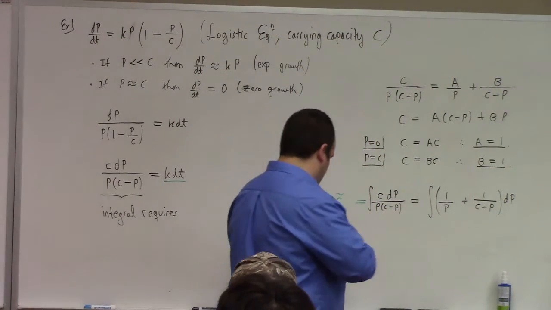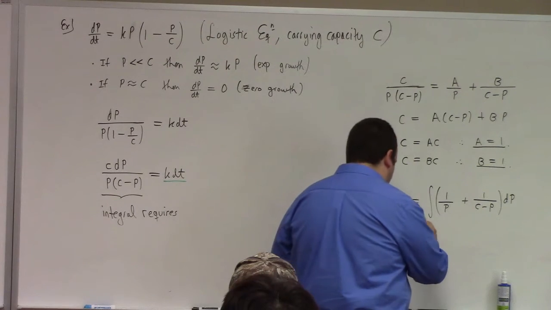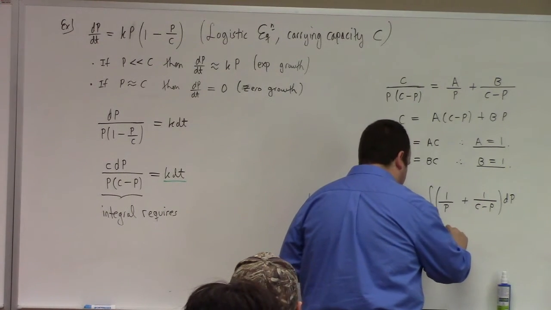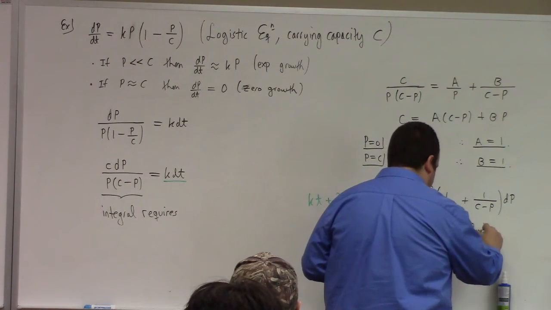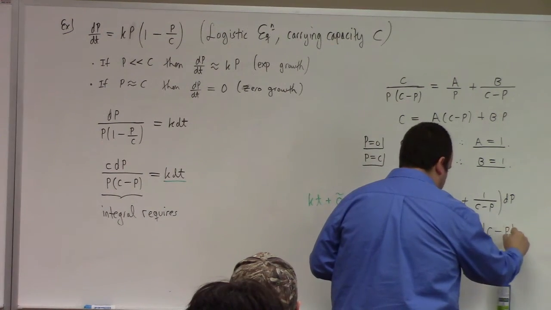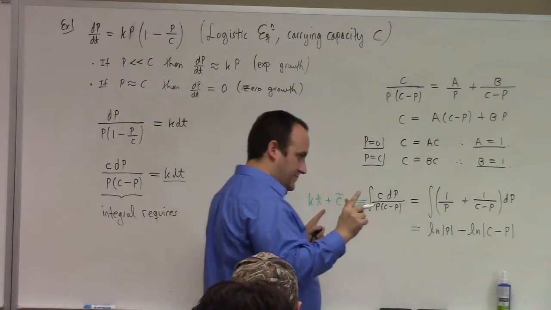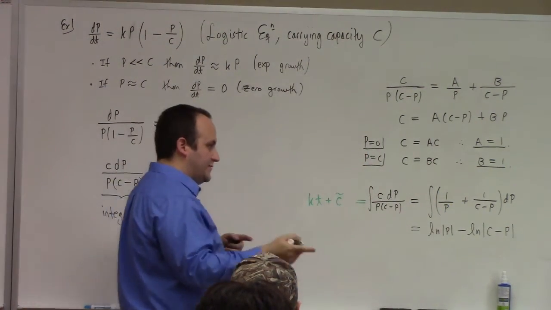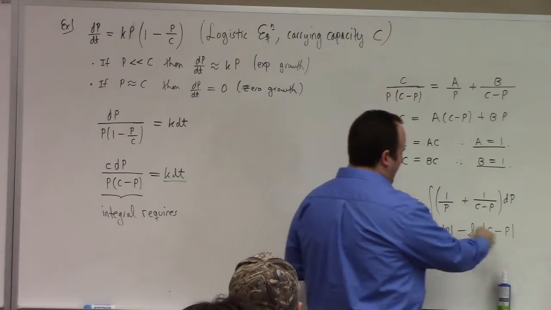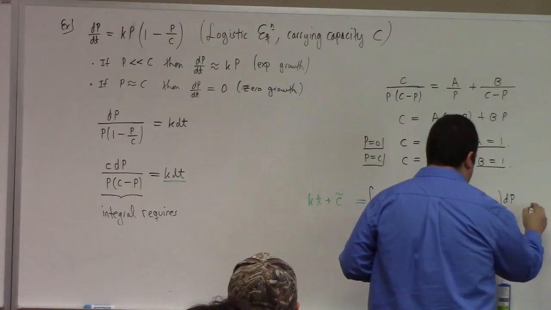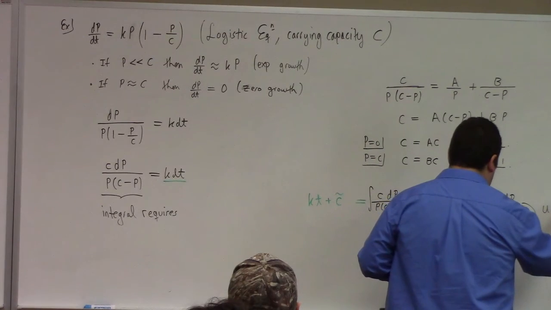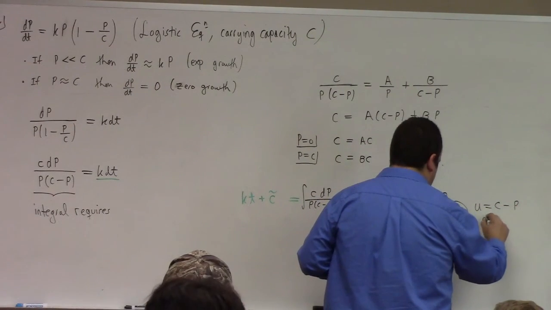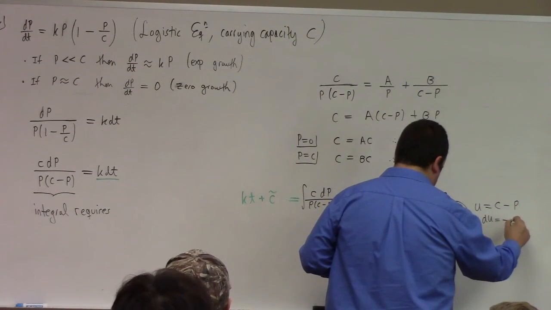So we got the log of the absolute value of P minus the log of the absolute value of C minus P. The minus is because u is C minus P in the substitution, so du is minus dP.